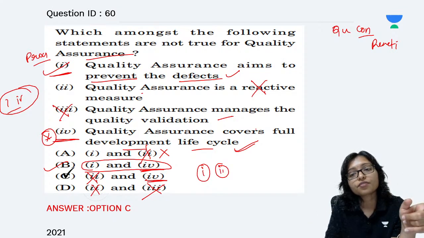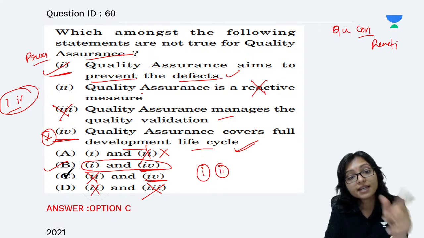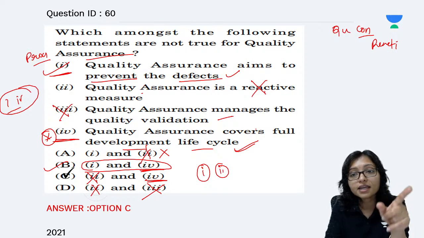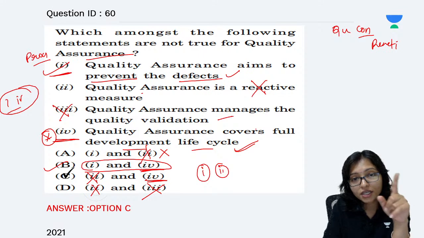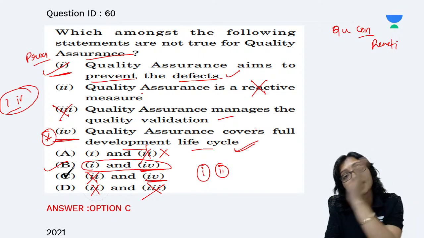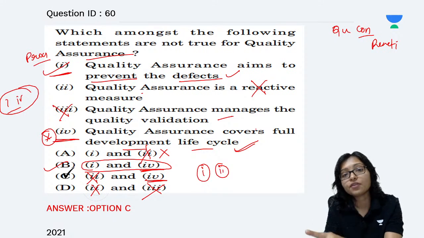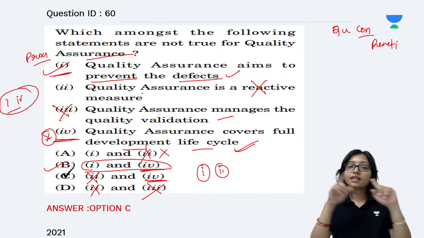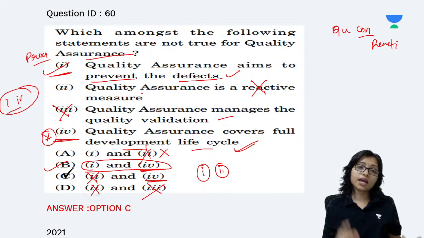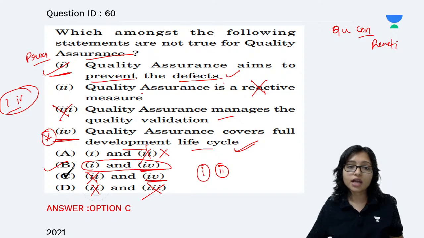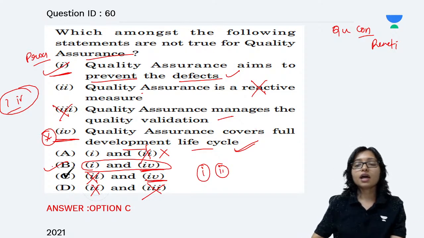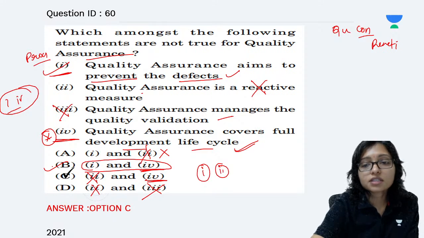So quality control is checked at the end of the development, and it is trying to identify the defect. Okay, so that is the difference between quality control and assurance. So here your answer will be 1 and 4, and I hope the difference is clear.